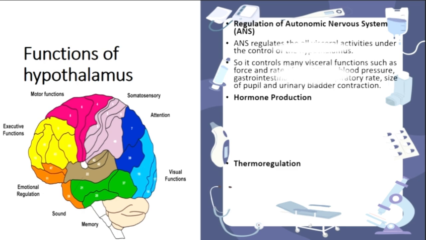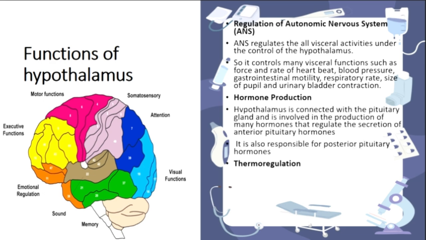It is mainly responsible for ANS regulation. ANS is the autonomic nervous system, which controls your parasympathetic and sympathetic systems, that is, fighting situations and rest situations. Next are hormone production, thermoregulation, emotional behavior, control of eating and drinking, and control of our sleep-wake cycle.